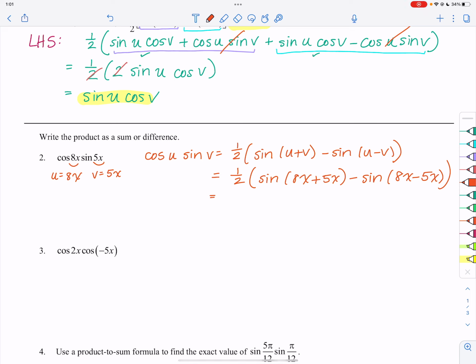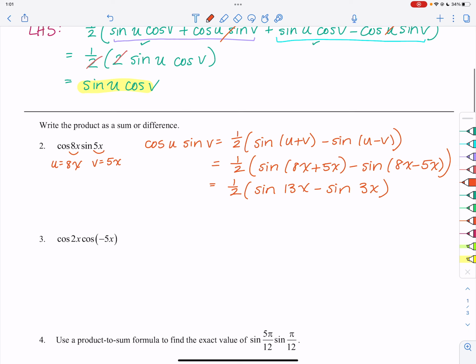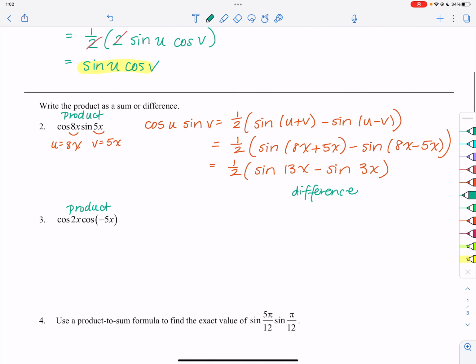That's equal to 1/2 of the sine of 13x minus the sine of 3x. And there we wrote the product as a difference. So this is a difference, and this was our product.